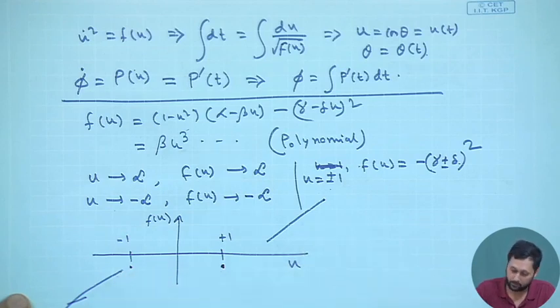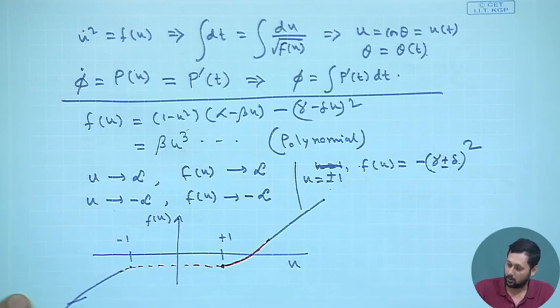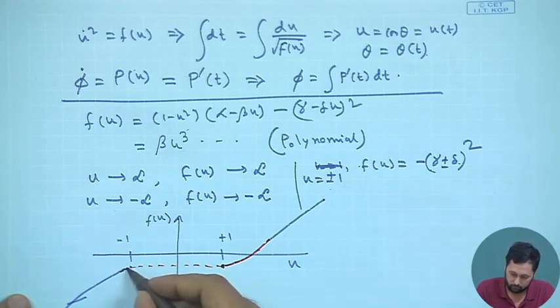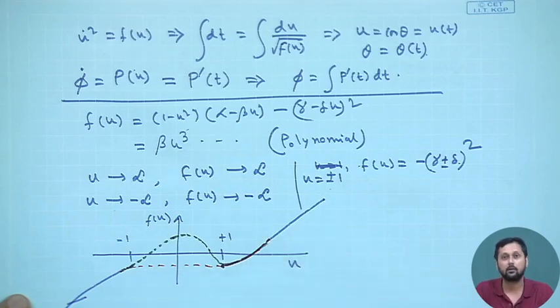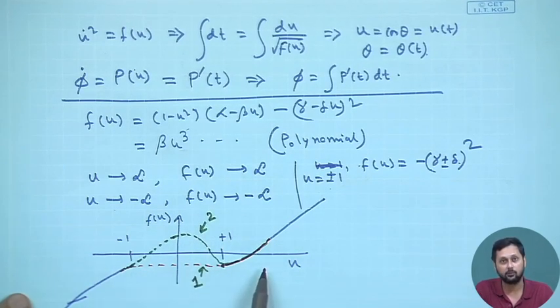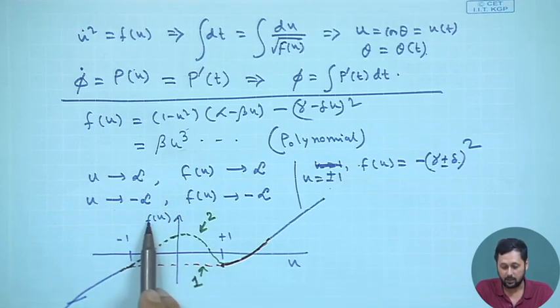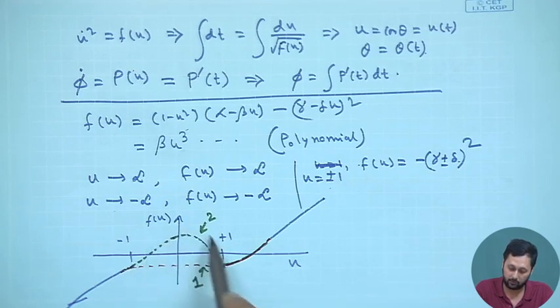We can have the following trends: either like this, or we can connect it like this. So, there are two possibilities, path 1 and path 2, in which f of u can behave between minus 1 and 1. It can stay in the negative direction, or it can go to positive and come back to negative.